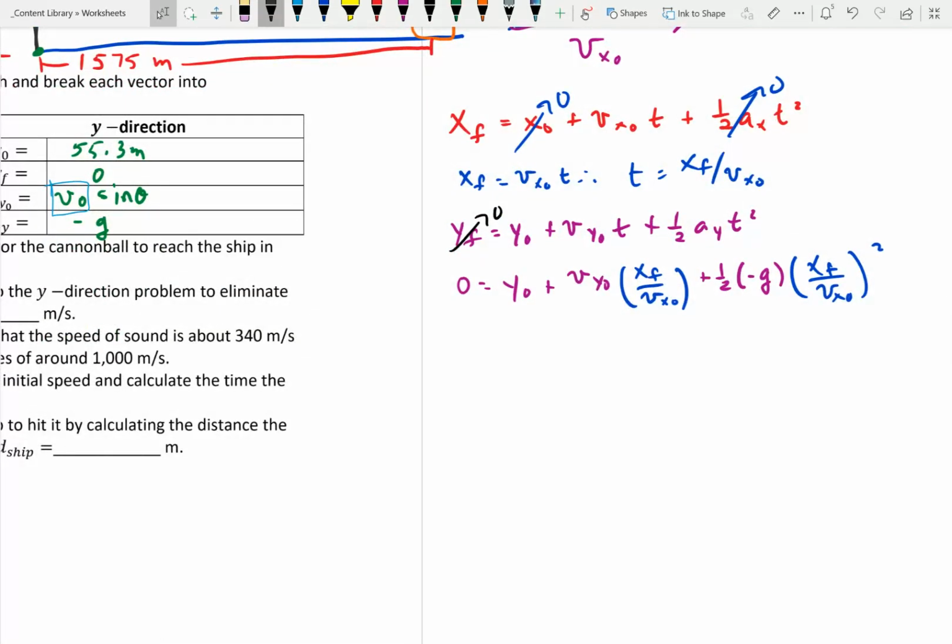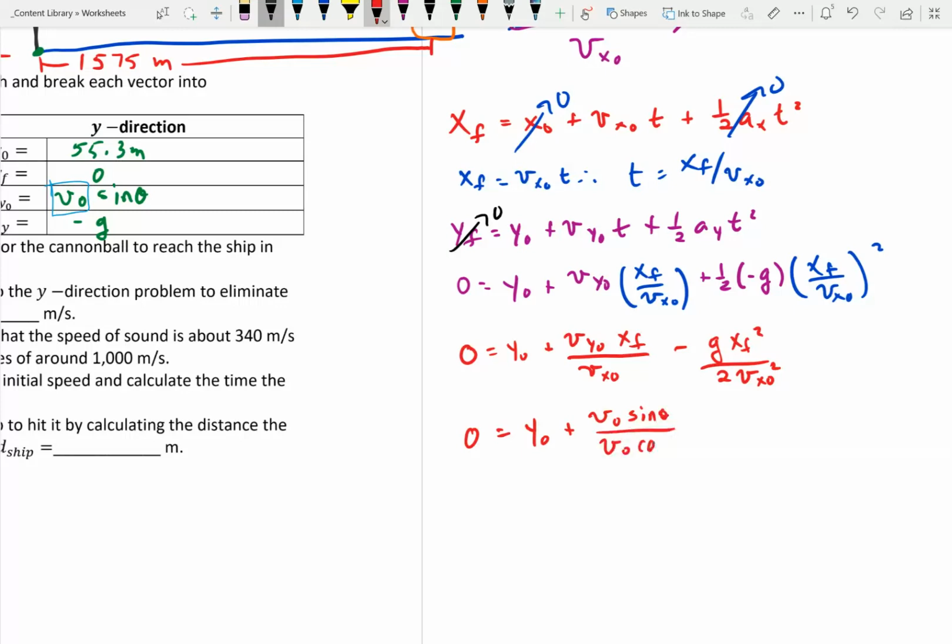And this, something that happens rarely, is simpler than it looks. 0 equals y0 plus vy0 x final over vx0 minus g x final squared over 2 vx0 squared. And you say, well, why is that simpler than it looks? Well, vy0 is v initial sine theta.